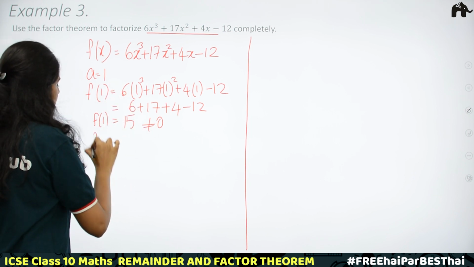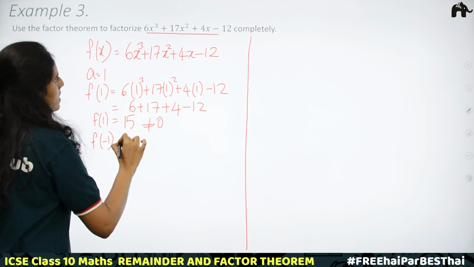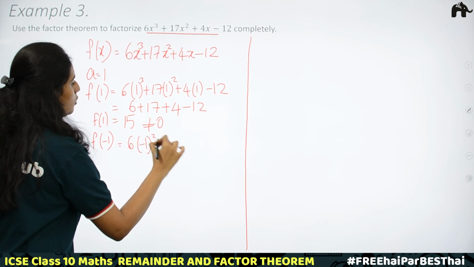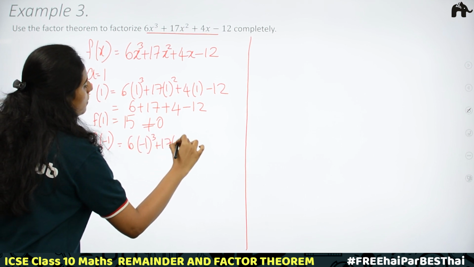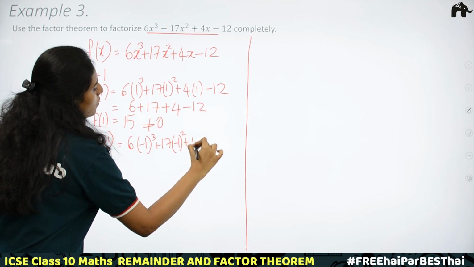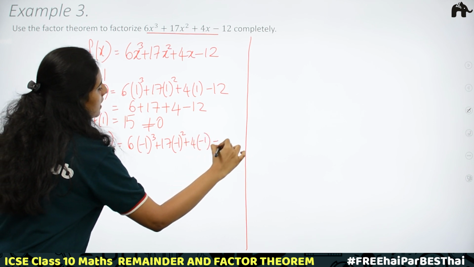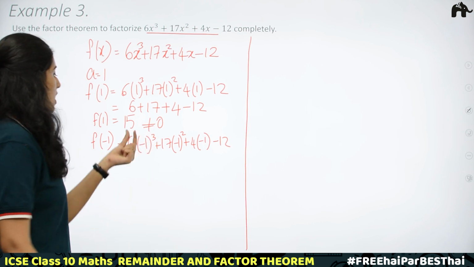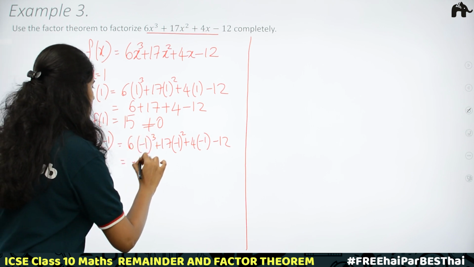Now let's try with minus 1, f of minus 1. F of minus 1 is equal to 6 into minus 1 cube plus 17 into minus 1 square plus 4 into minus 1 minus 12. That is equal to minus 1 cube is minus 1. Minus 1 into 6 is minus 6.